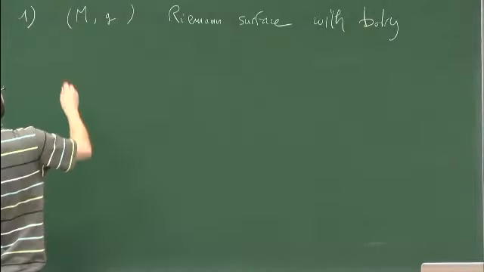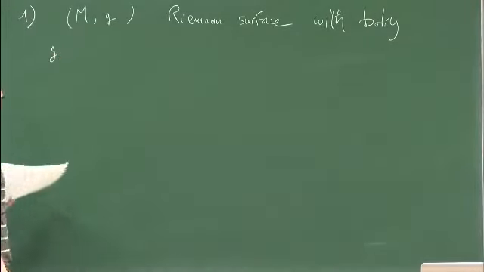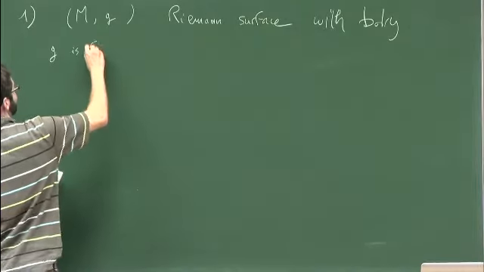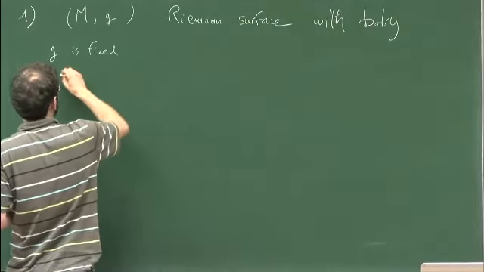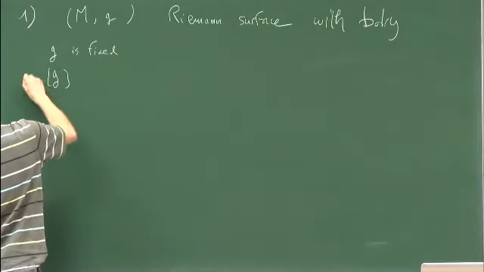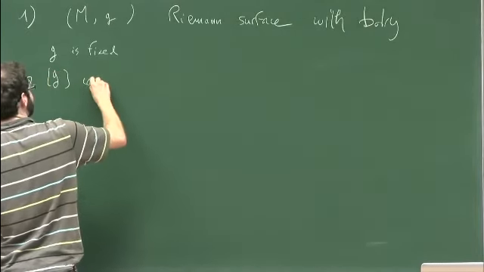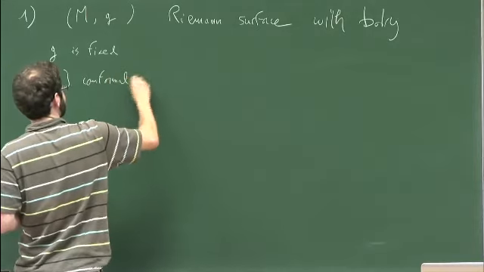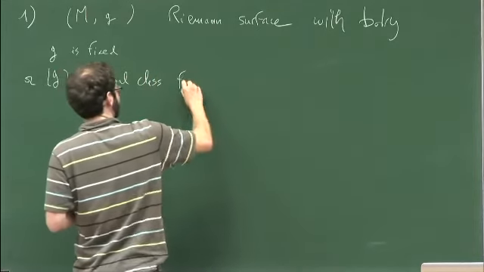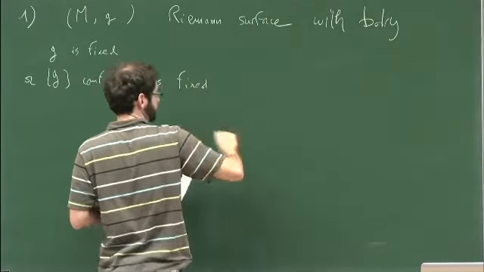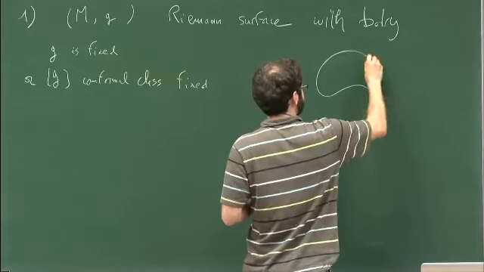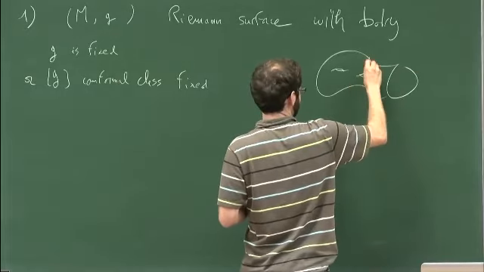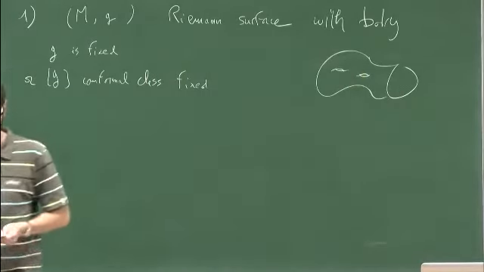So g is fixed, and in fact you just need the complex structure to be fixed, or the conformal class. We can reduce to the conformal class or complex structure fixed. The surface can have topology and several ends if you like.